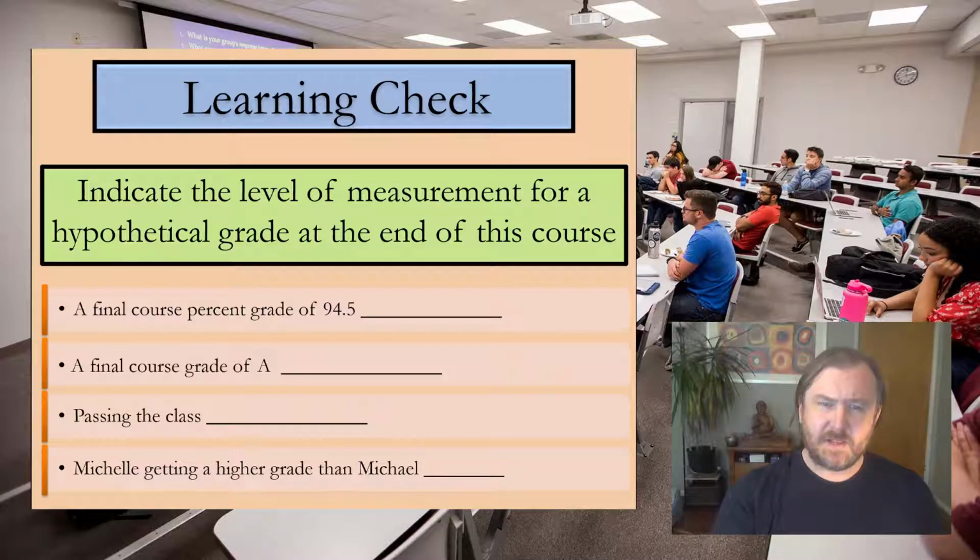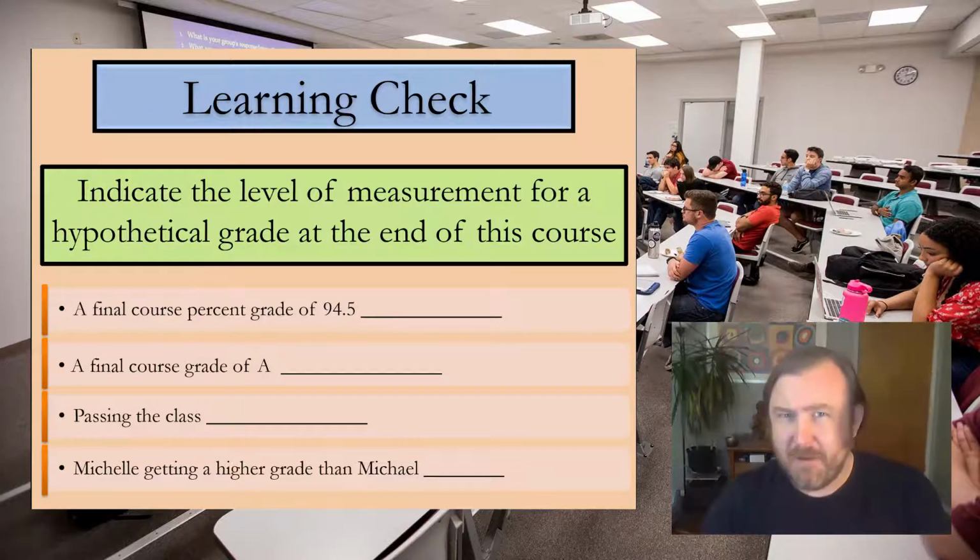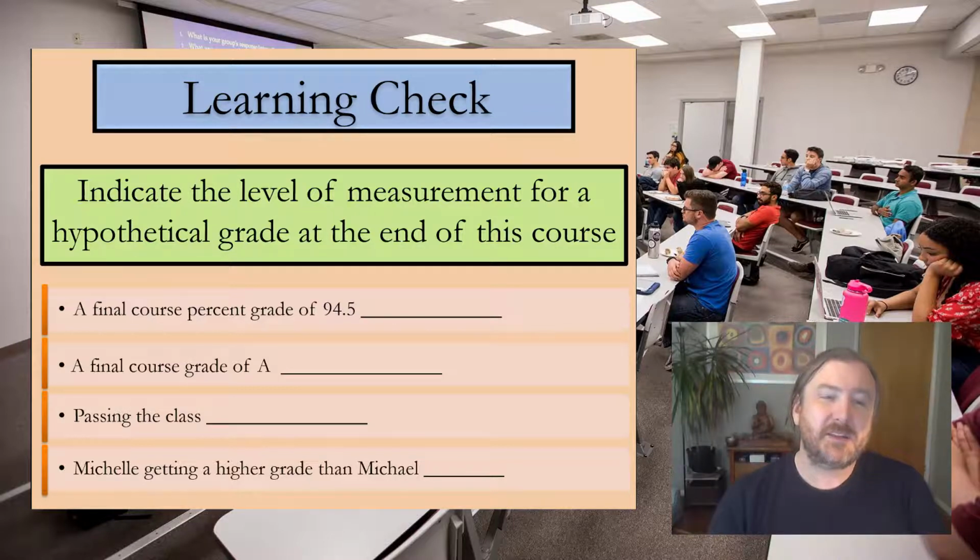So is the difference between A and B the same as the difference between B and C? Yeah. But what about F? Right? So F is much bigger. So therefore, it doesn't meet the interval requirement. It's an ordinal variable.